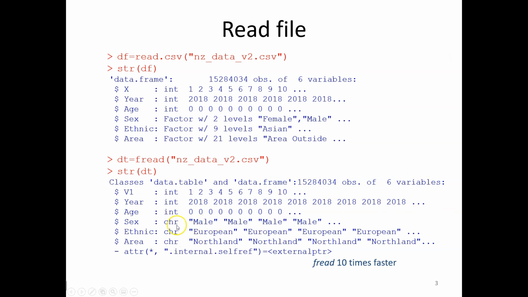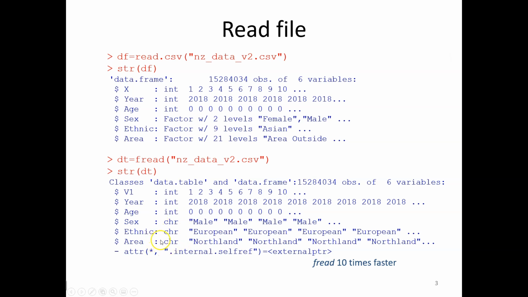But you might notice that sex, ethnicity, and area here turn into factors, which is often the case when loading a data frame using the read.csv function. While when using the fread function, nothing is ever turned into a factor, but it remains a character vector. So that's a difference.